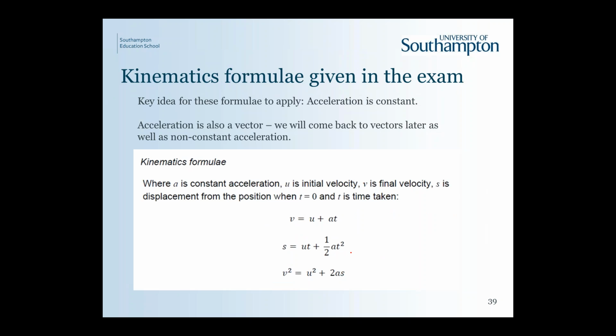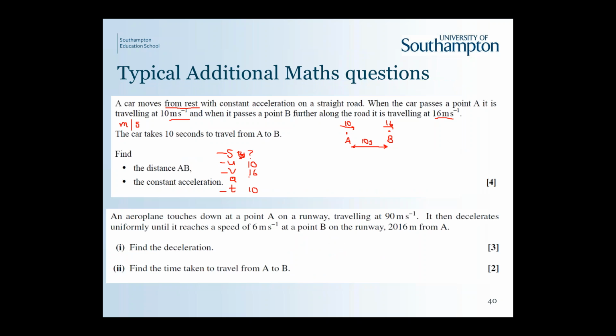So we may as well calculate the acceleration first, because we're going to have to use that to get the distance anyway. So if we actually do the second part of the question first, we can use V equals U plus AT.